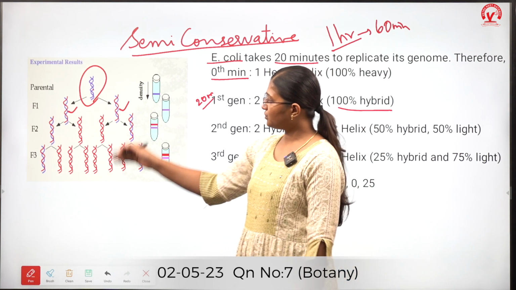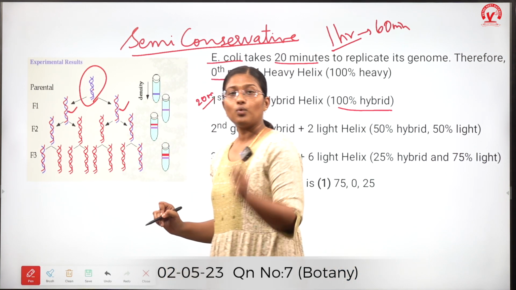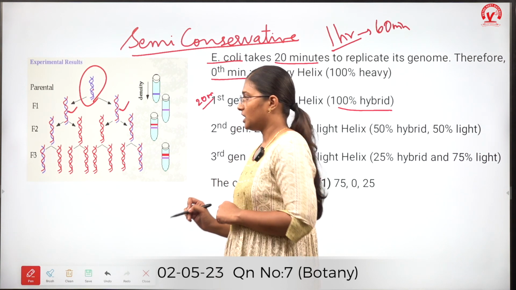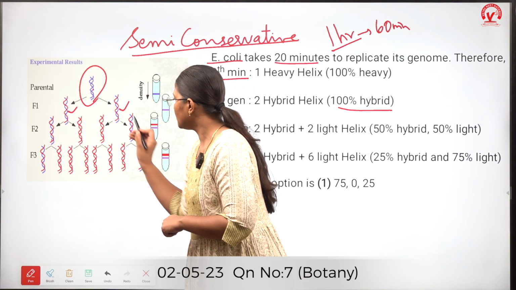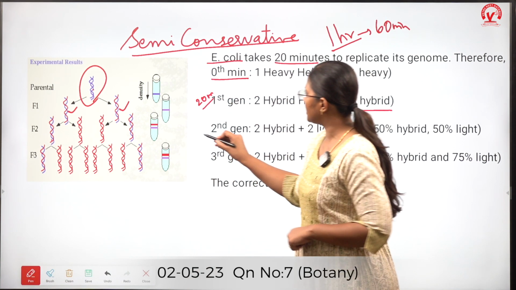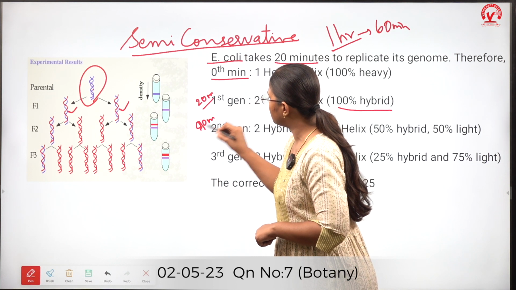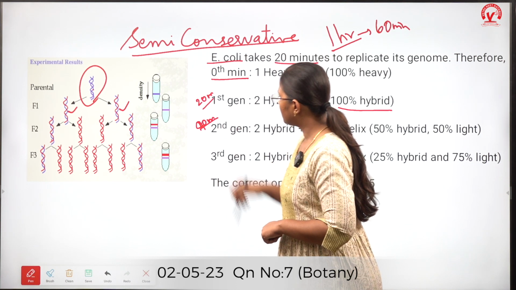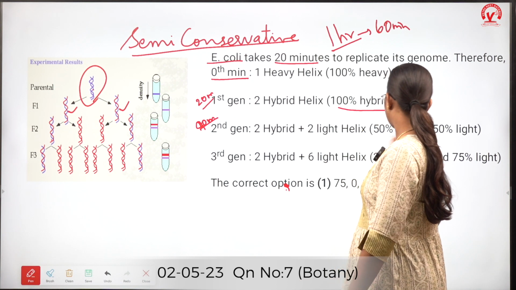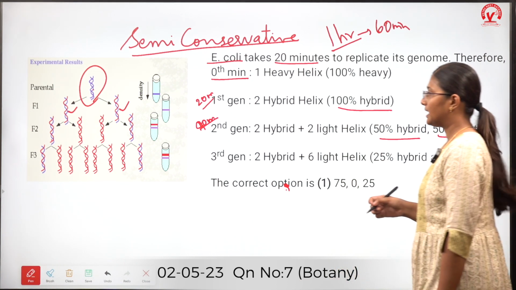In the F2 generation, 1 hybrid gives rise to 1 hybrid and 1 light chain. So the product will be 2 hybrid and 2 light chains at the end of the second generation, which is the 40th minute. So 50% will be hybrid and 50% will be light.